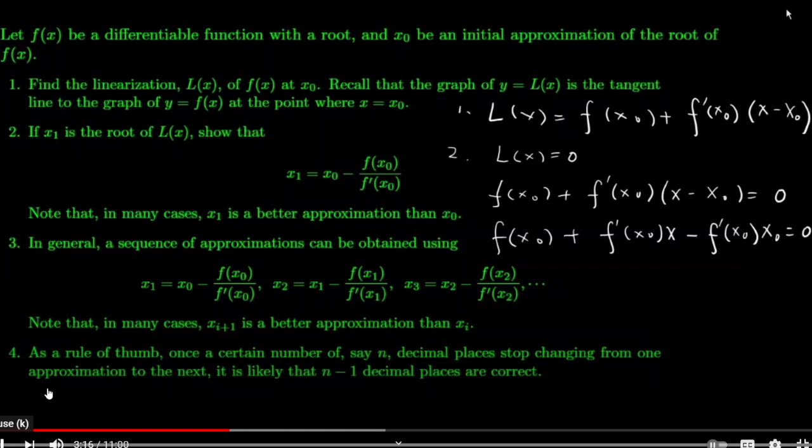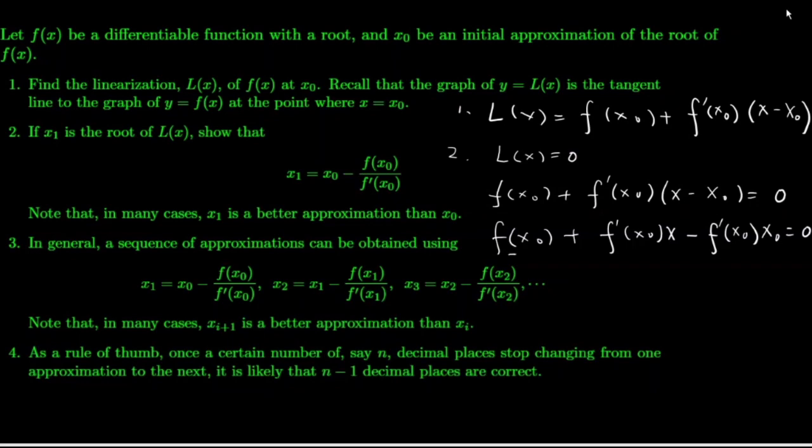To solve for x, we need to isolate x. So we move these terms to the right-hand side of the equation. We have the derivative of the function at x0 times x equals, on the right-hand side, the derivative of the function at x0 times x0, minus f of x0.